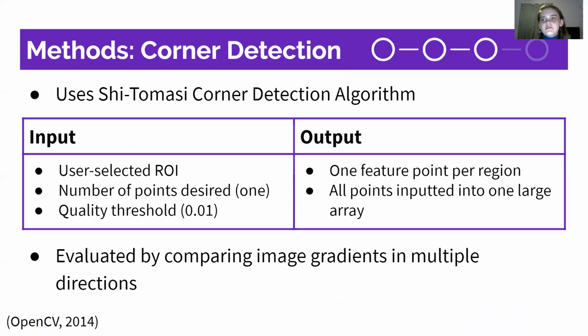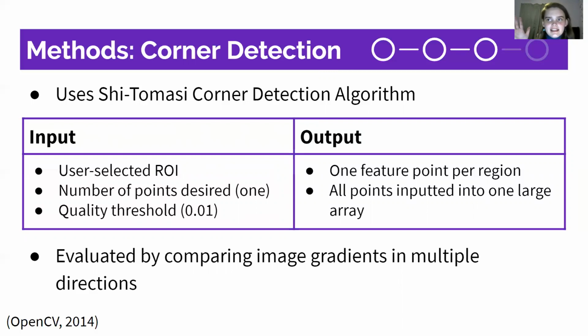So in computer vision, a corner is defined as an area of an image that has a high image gradient in multiple directions. Think of a black square on a white piece of paper. If you were to shift up the paper, you would notice the difference between the white of the paper and the black of the square, as well as if you were to shift sideways from the white of the paper to the black of the square.